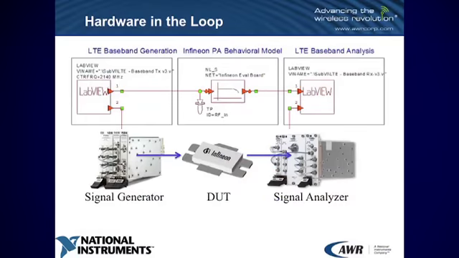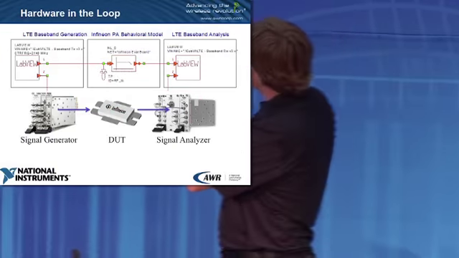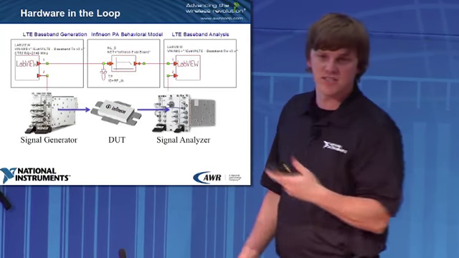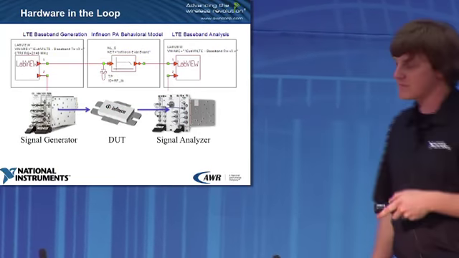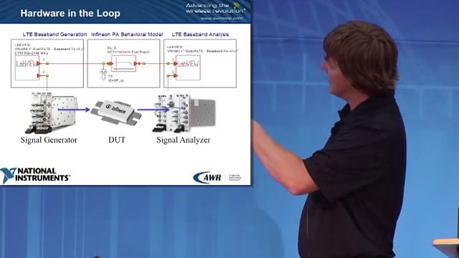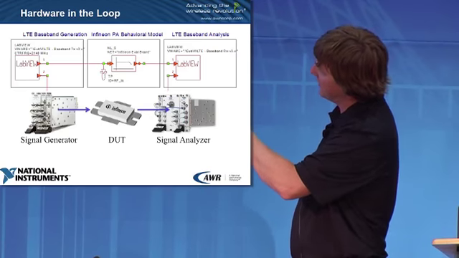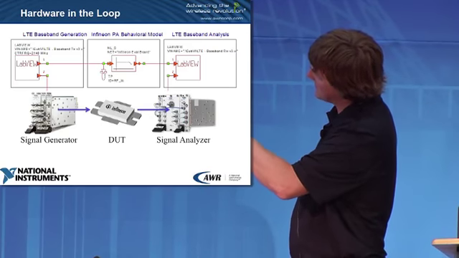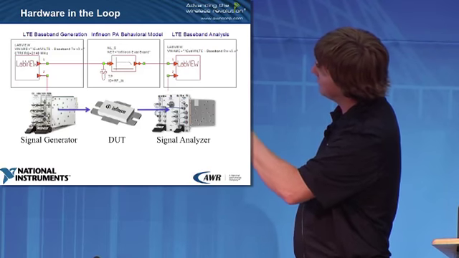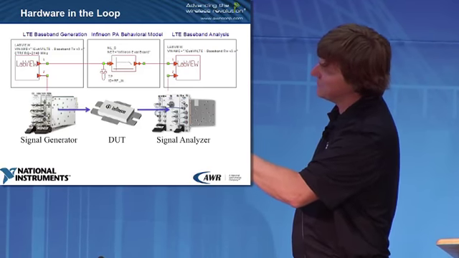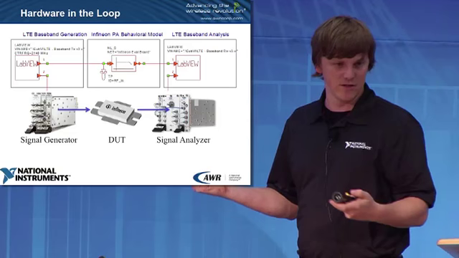Of course, my signal generator connects to a signal analyzer, and my signal analyzer can acquire IQ waveforms in the same way that my model produces IQ samples. So what that allows me to do, in LabVIEW, is compare the EVM and ACP of the simulated device with the EVM and ACP of the device under test. This is hardware in the loop.